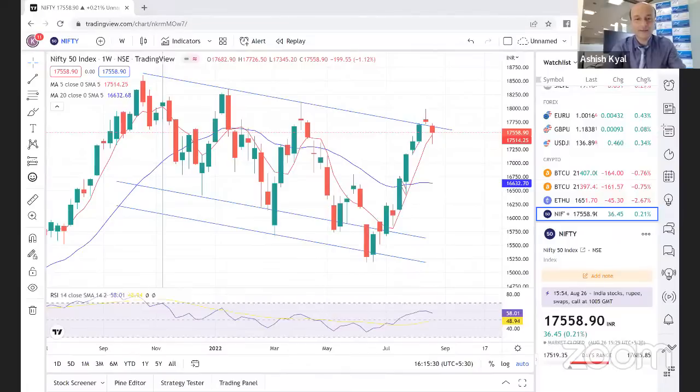The Nifty weekly chart, on the basis of candlesticks, is showing a classic reversal after trapping bulls on the upside. Is it clear? It is showing a classic pattern, I would say.